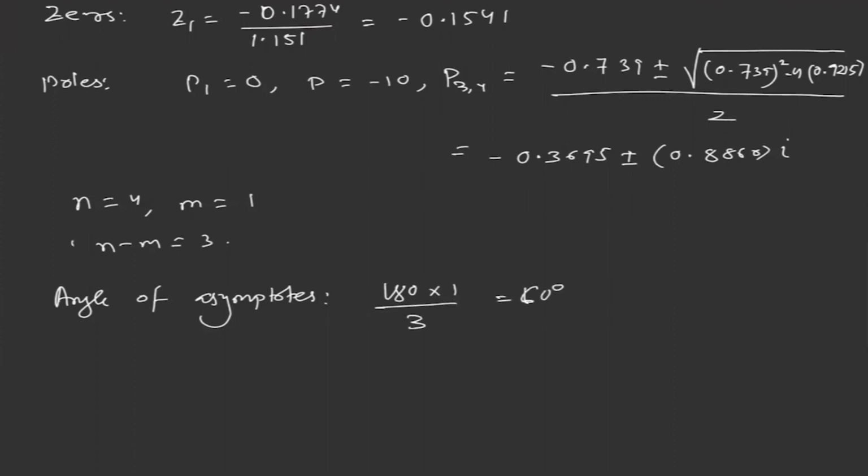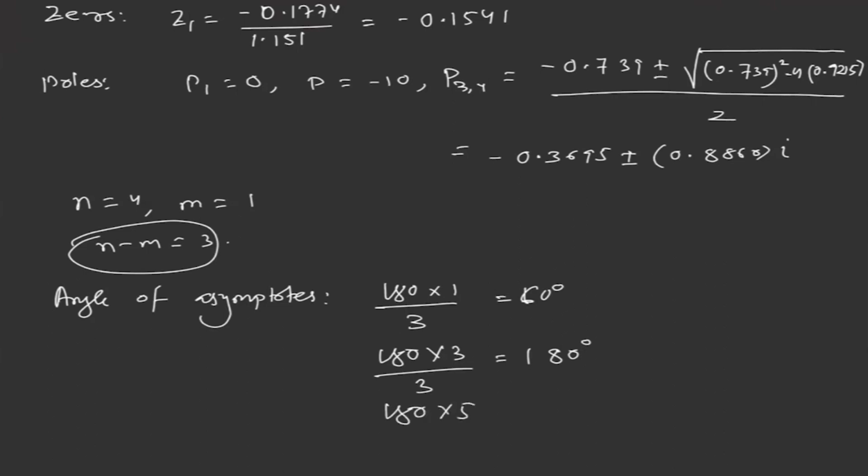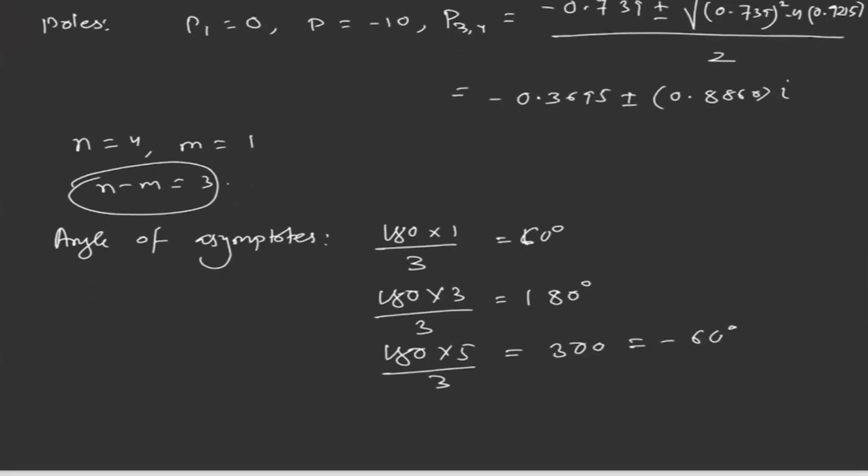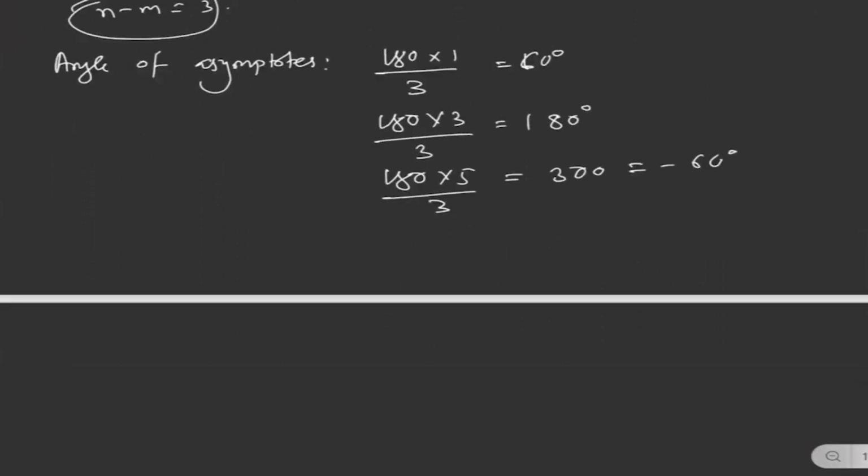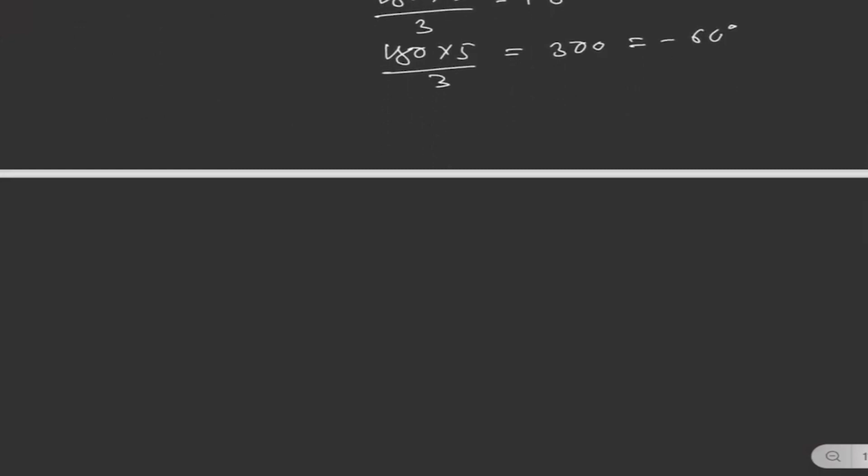There are n minus m equal to 3, so three asymptotes. 180 degree into 3 divided by 3, which is 180 degree, and 180 degree into 5 divided by 3, which is 300 degree, which is nothing but minus 60 degree. And the centroid: first, let's find all the parameters which will help us draw the root locus.